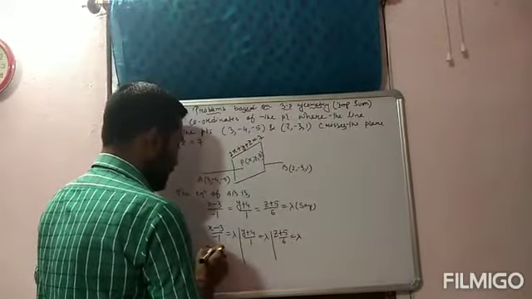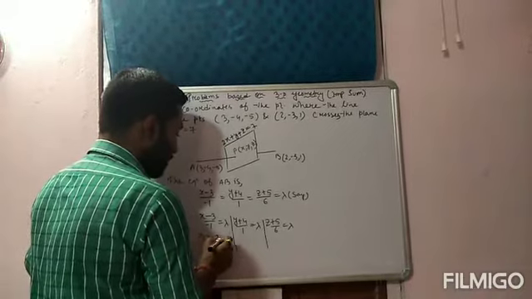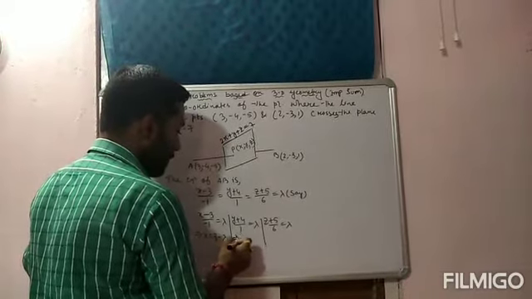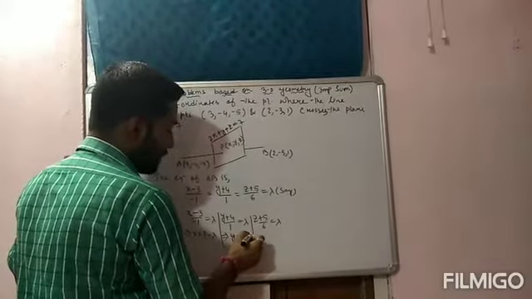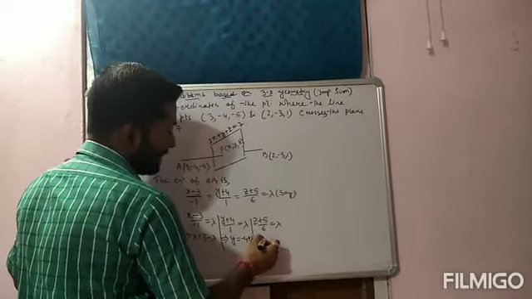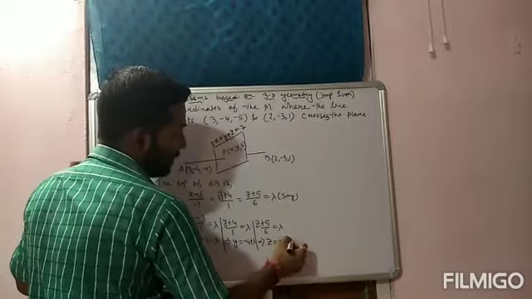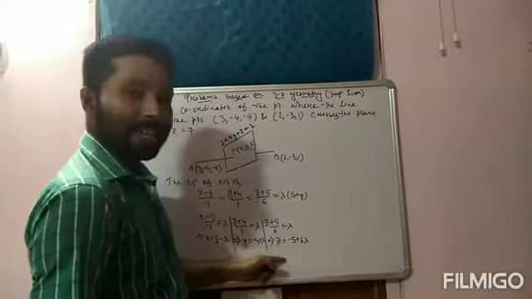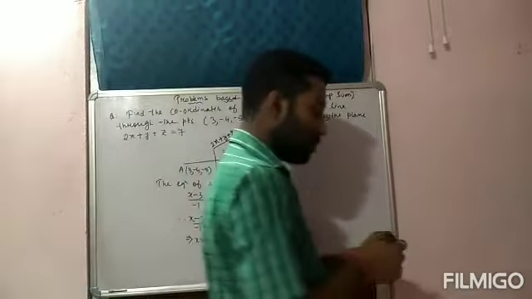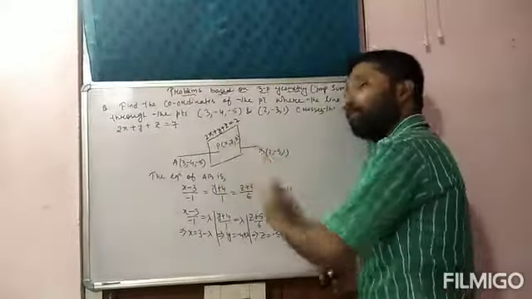So that is x = 3 - lambda, y = -4 + lambda, z = -5 + 6 lambda. Okay, so these are the values of x, y and z. And x, y and z are the coordinates of whom? The coordinates of the point P, and you are asked to find the coordinates of P only.